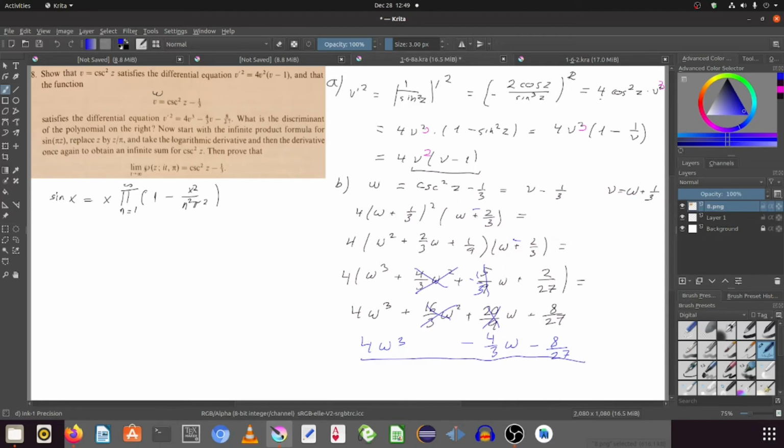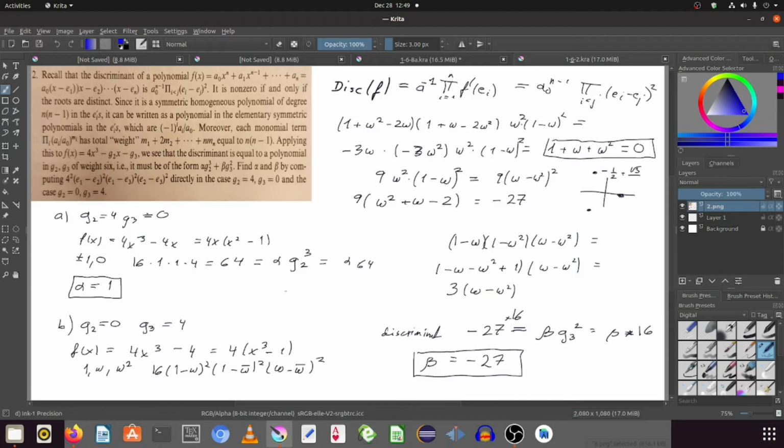The discriminant. You see, we already had that in problem 2, so I prepared that. I looked up this problem and my solution, where I found that the discriminant is g2 to the third minus 27 g3 squared. And I did check these coefficients back in the book.